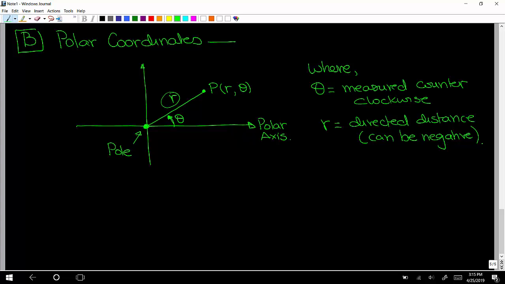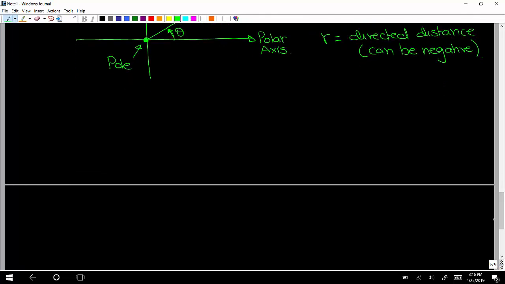Usually there's special paper that people use to graph curves in polar coordinates, but you don't really need it. But if you're interested, you can find some on my L drive, or you can Google polar paper. The polar paper looks like this.